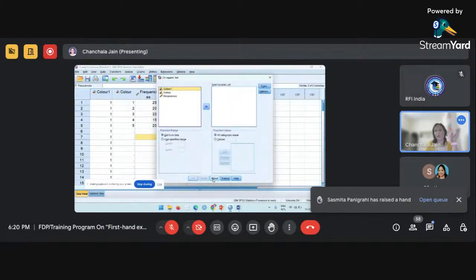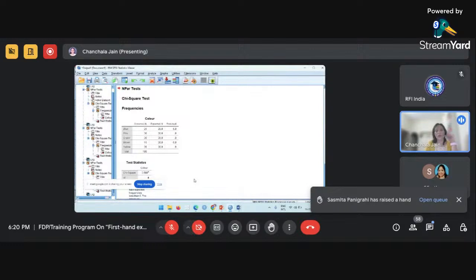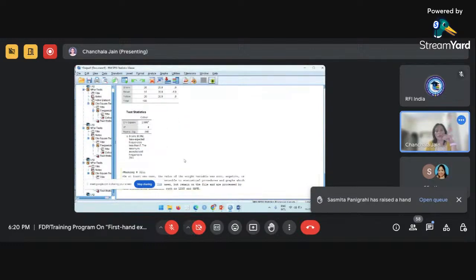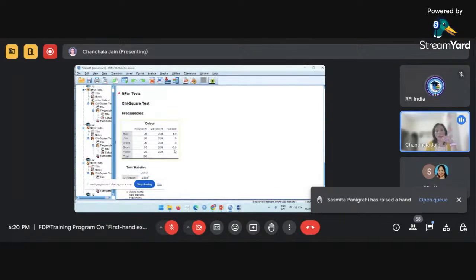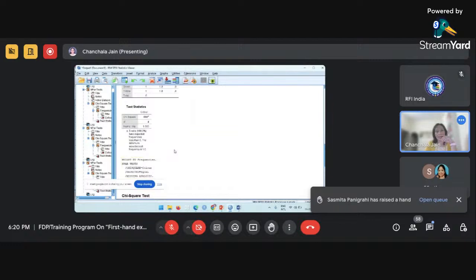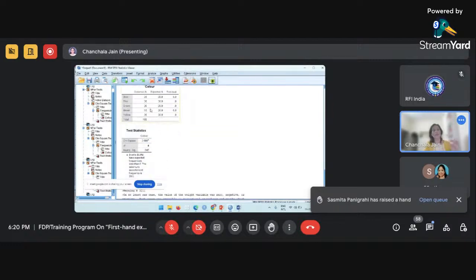If you want, you can reset it. Again, shift your color variable into the Test Variable list, and then press the OK button to get the output. Once you press OK, we are getting the results. You can see now it is showing correctly.